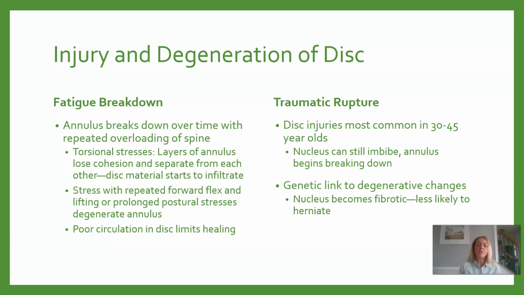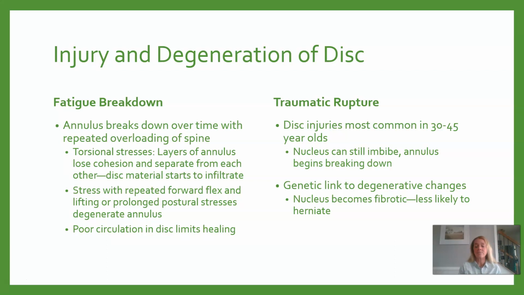Stress with repeated forward flexion and lifting or prolonged postural stresses can start to wear down the annulus. Poor circulation in the disc is going to limit healing. So discs don't have a lot of circulation, and so when there is an injury to the disc, they're not going to heal very quickly on their own.